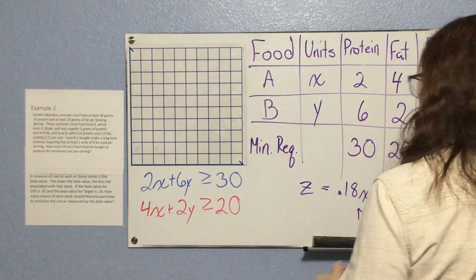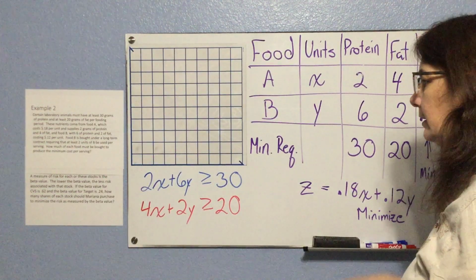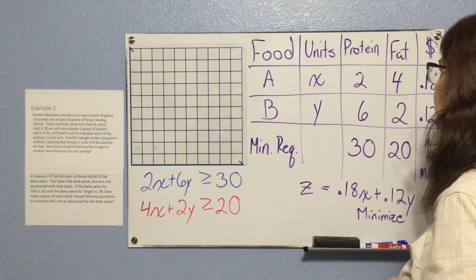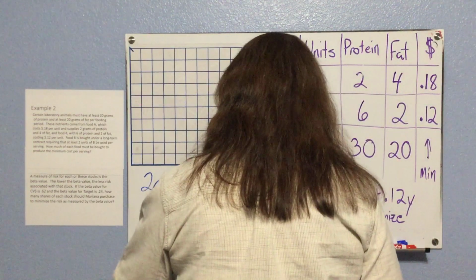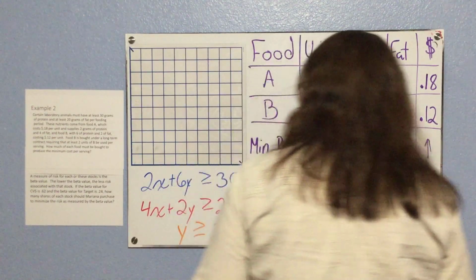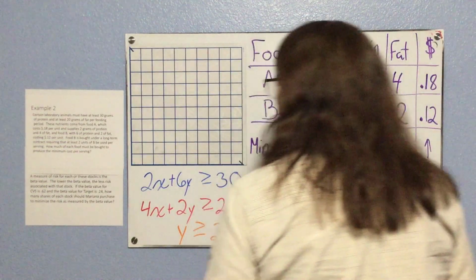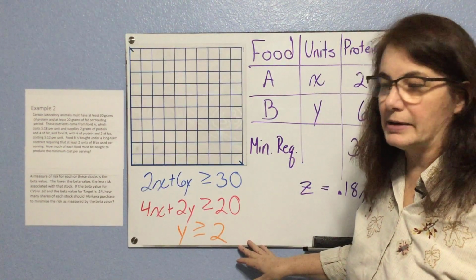Now we do have one other condition here. They said because of contract consideration, we got to have at least 2 units of food Y. So we'll just write Y has to be greater than or equal to 2. Because of that, we don't need to say that Y has to be a positive number.